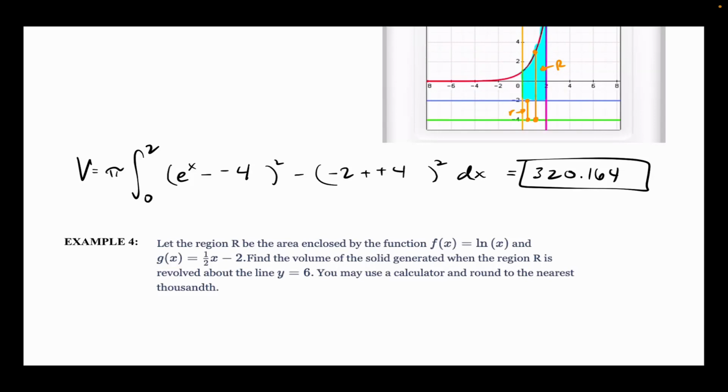Okay, so let's see here. I want to do one more today. Let's go to 6B. It's the last problem, part B, 6B.